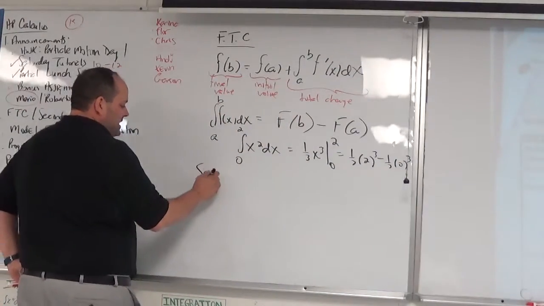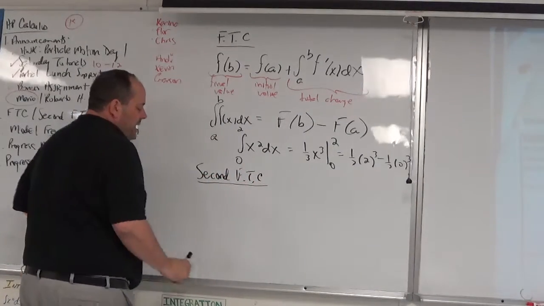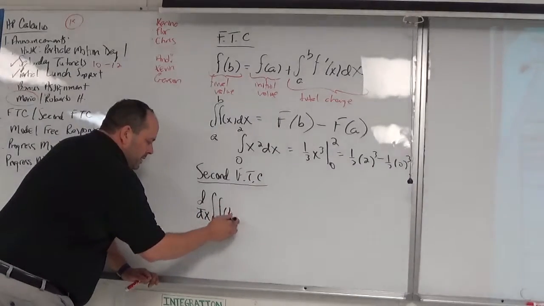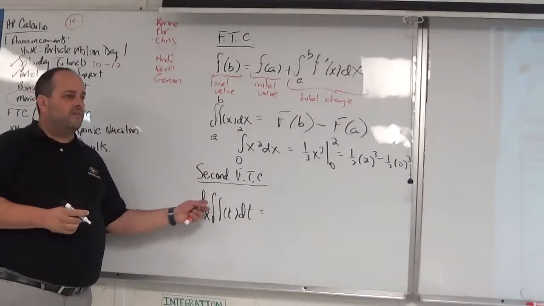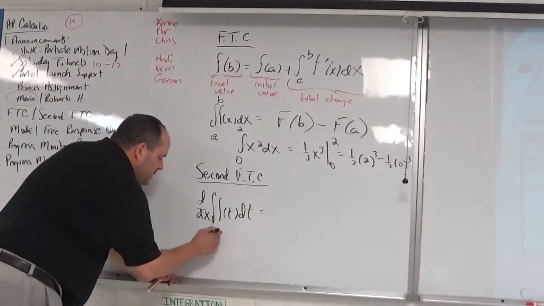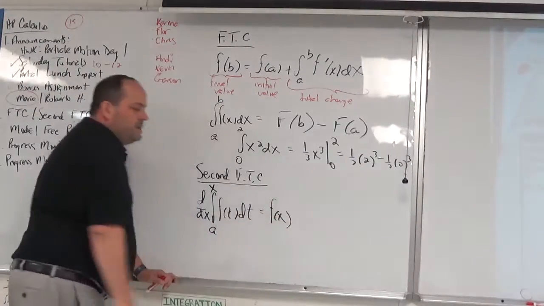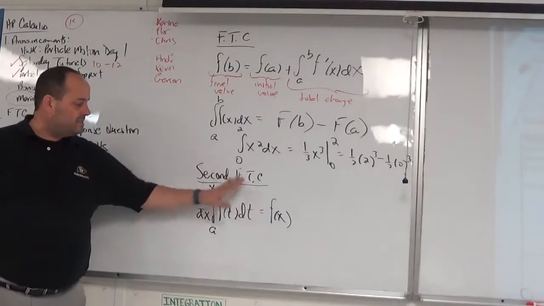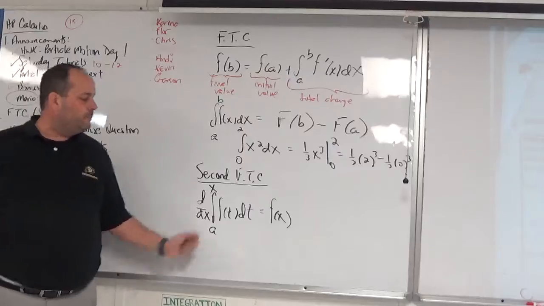Now you've got the second FTC, and I want to make sure this gets left up on the board for a while. The second FTC, that's always the scary one. It looks something like this. You're taking the derivative of the integral of a function from a constant to a variable, and what happens? You get f of x. It looks scary on the front end, and some of you get overwhelmed when you see this, and you're like, what am I supposed to do?